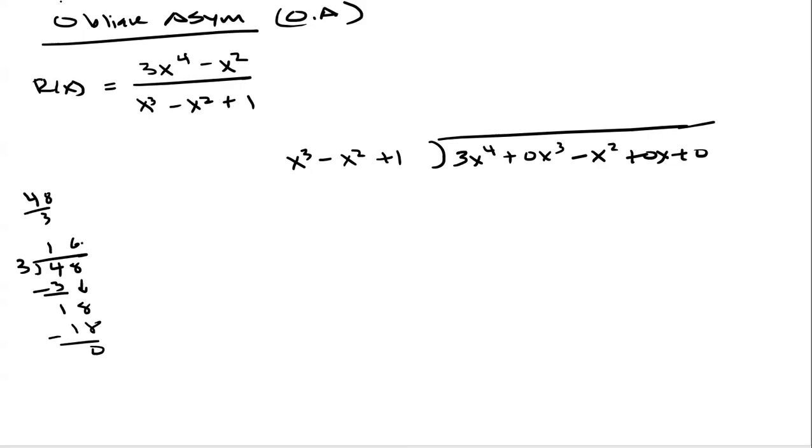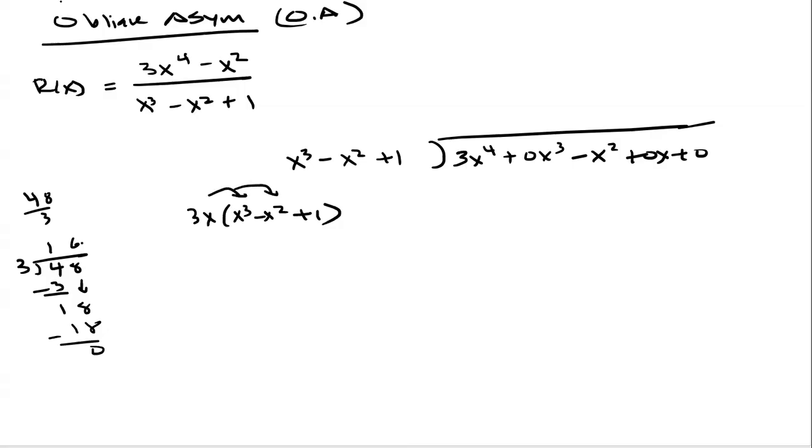So what I want to do is find a term multiplied to x cubed that matches 3x to the fourth. Okay? So in this case, I need a 3 and an x. So x cubed minus x squared plus 1. Okay? Because 3x times x cubed is going to give me 3x to the fourth, right?